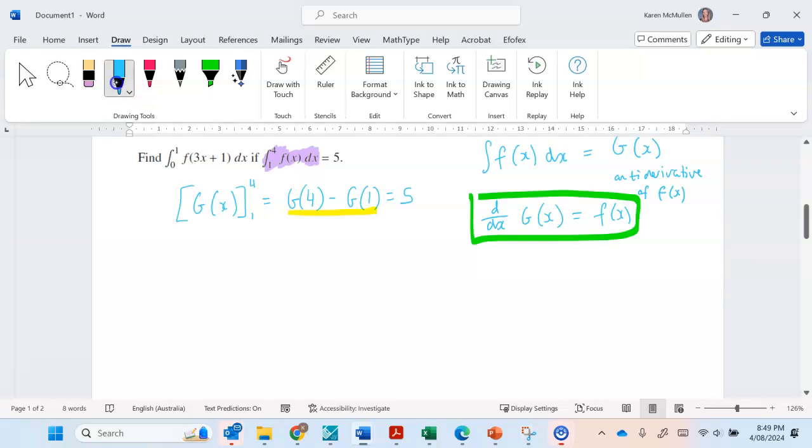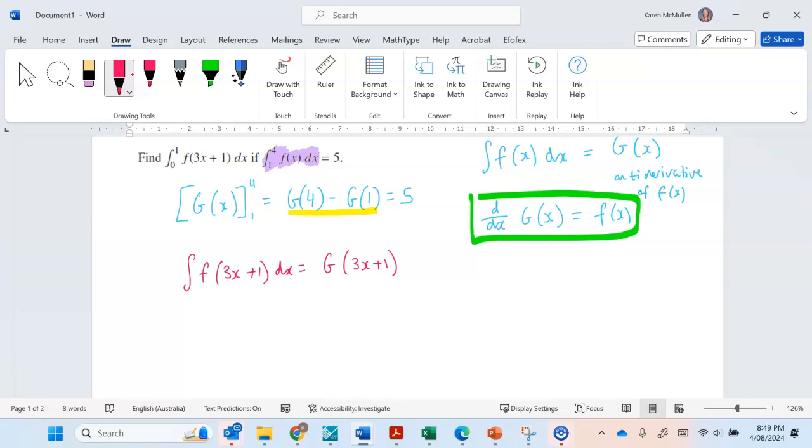And I might do this working out in a different color because it is going to be a little bit difficult to initially understand. So our antiderivative, and I'm just not worrying about anything else, just the antiderivative of f of 3x plus 1 dx is equal to g of 3x plus 1.